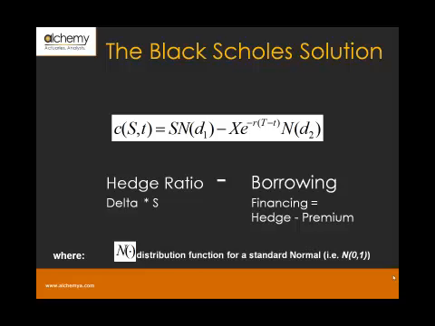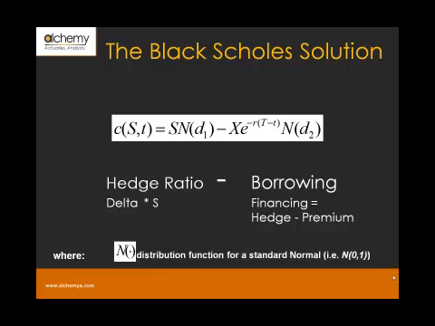Now the problem is, if S N(d1) is my hedge, the call premium that I've received is not sufficient to cover that hedge, which basically means that I need to now go out and borrow the difference between S N(d1) and the call, and that difference is X e^(-r(T-t)) N(d2).